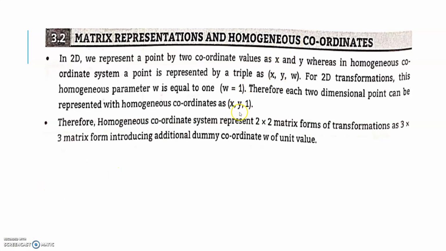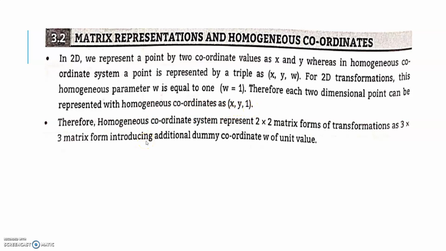Here we are taking x, y, 1 because we have seen that in the homogeneous coordinate system for 2D, we have to consider three coordinates x, y and w, where the value of w is 1. So, for homogeneous coordinates, the point can be represented as x, y, 1.